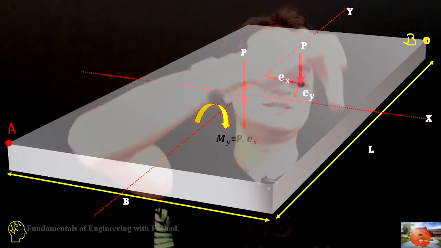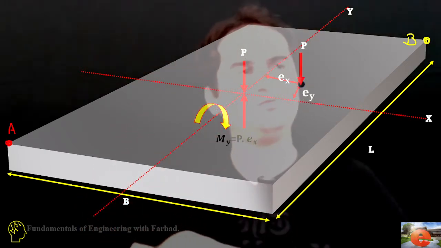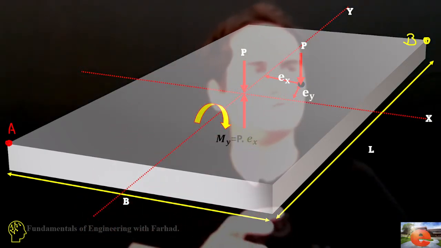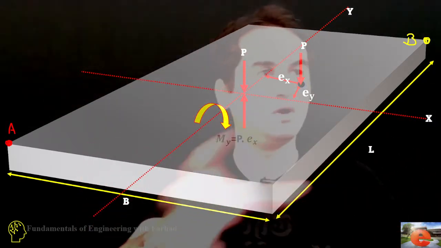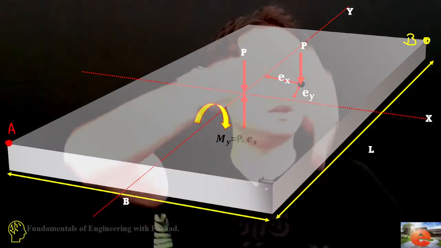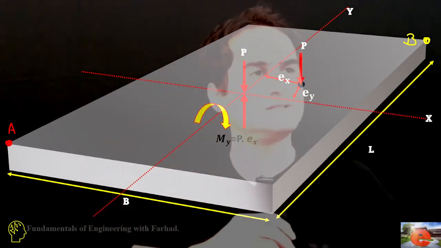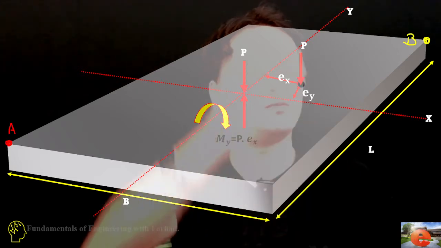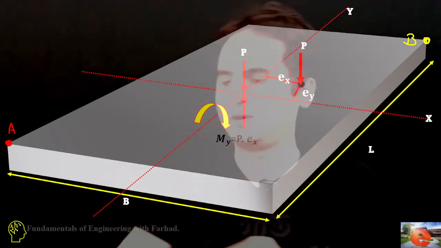So one can easily say point B is under a combined compression: the normal force of P applied to the entire area, and the normal stress created by the bending moment, which pushes point B and pulls A.